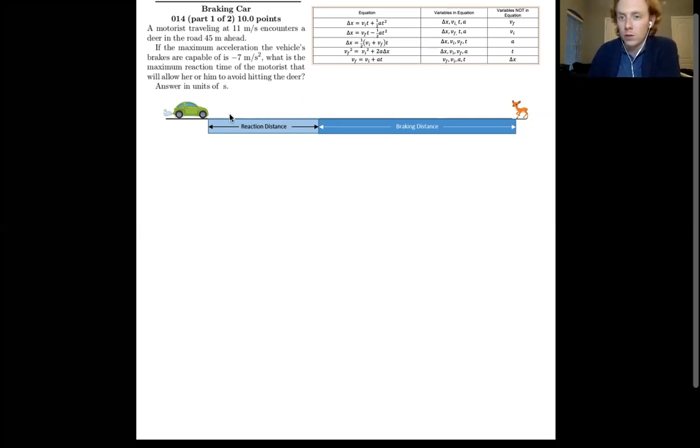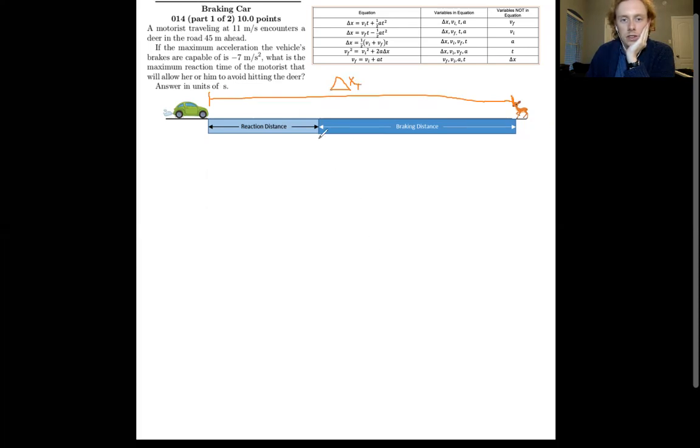And here's the little picture we have. So there's the car, you have this reaction distance and this braking distance, and here's the deer. So I'm just gonna start putting some labels in here. I'm just gonna call this total distance, delta x, and put a little t underneath it down there.